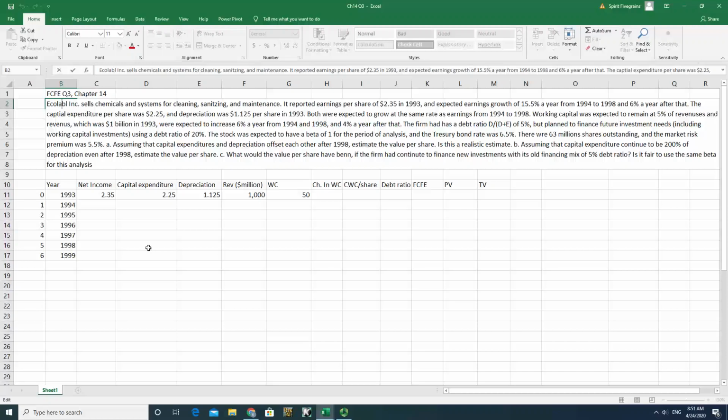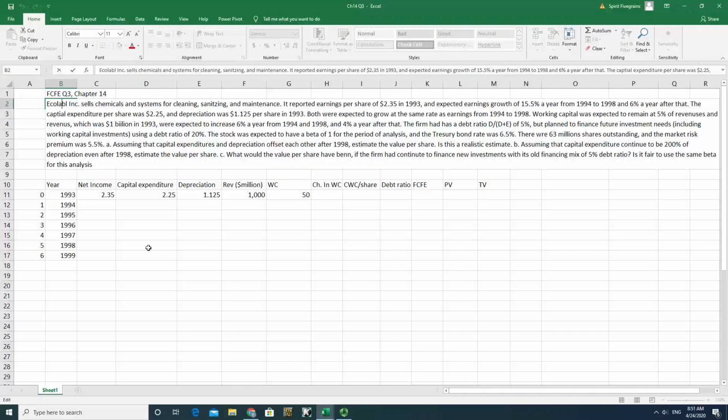First one, A. Assuming that capital expenditure and depreciation offset each other after 1998. So that's net capital expenditure equals 0 during the constant growth time period. Then you need to estimate the value per share.